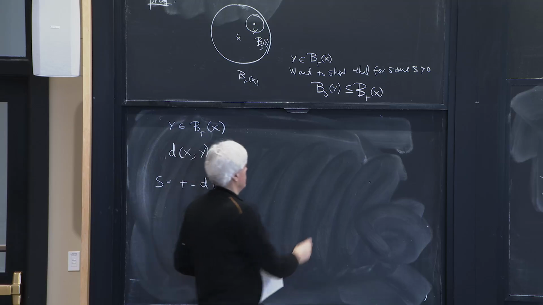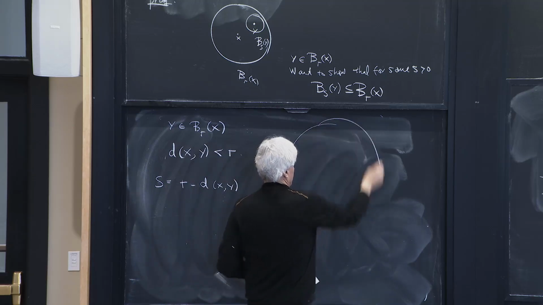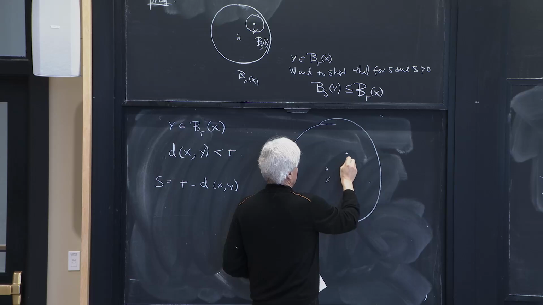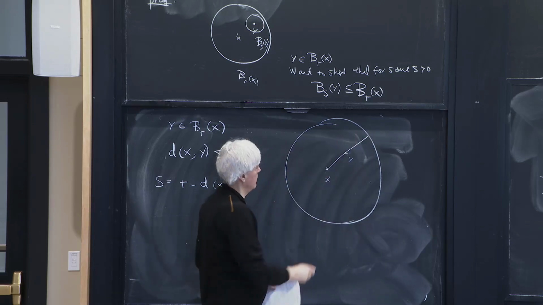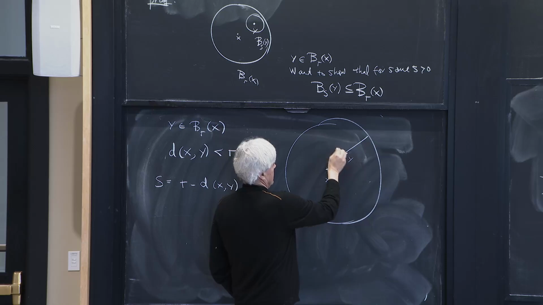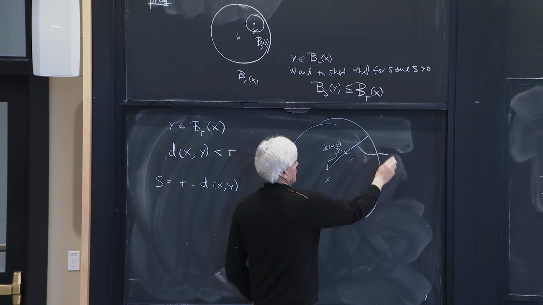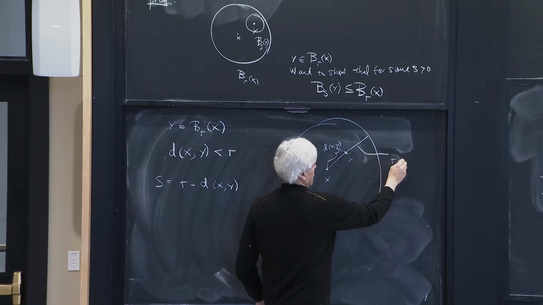Okay, why do I do this? Again, in my picture, I have here x, I have here y, and our intuition is that if we go from x through y and then straight to the boundary, then this part is d(x,y), and this one here is r minus d(x,y), right?